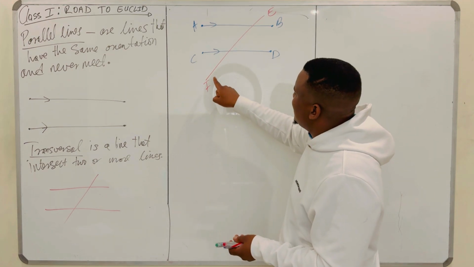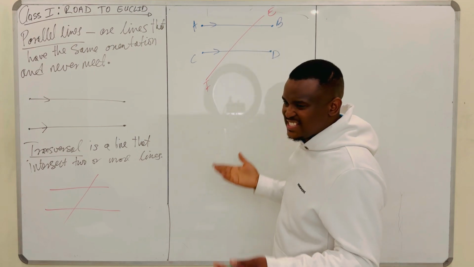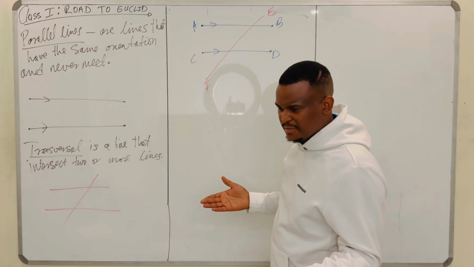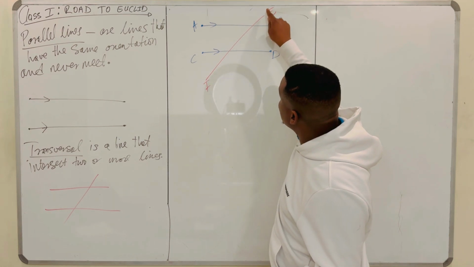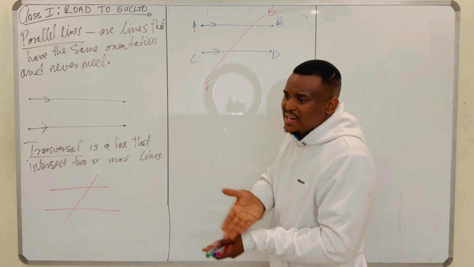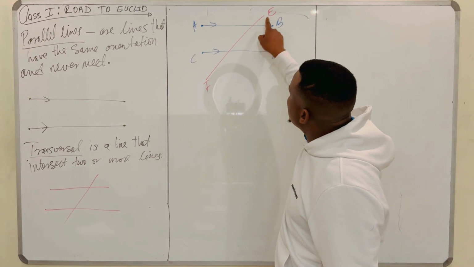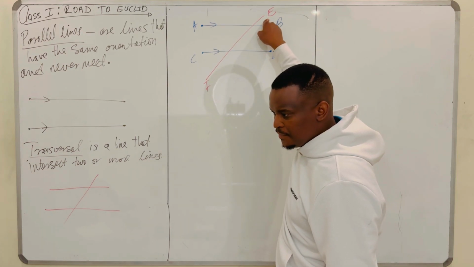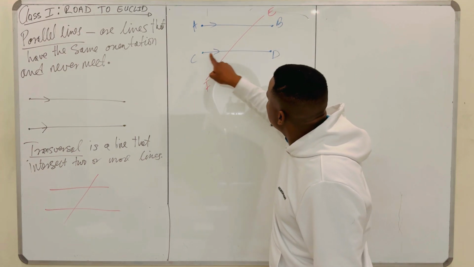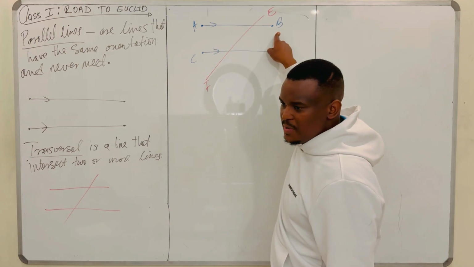Because this line has a gradient, whatever gradient, the gradient of EF is the same. Are you with me? Yes. A line has one uniform gradient, because the gradient is the same throughout. So the gradient of EF is uniform. The gradient of CD is also uniform, and it's the same as that of AB.